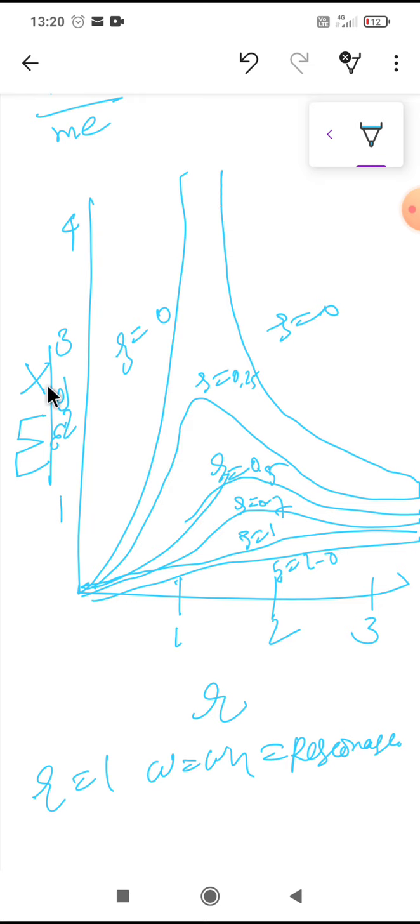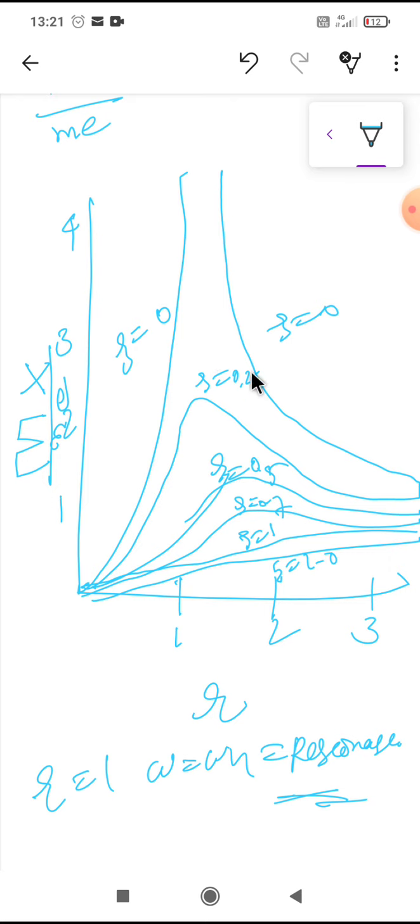The amplitude becomes maximum because capital M and small m are constant masses, and e is also a constant distance, so only the amplitude is changing. That amplitude goes to infinity at resonance, so all the amplitudes are maximum.